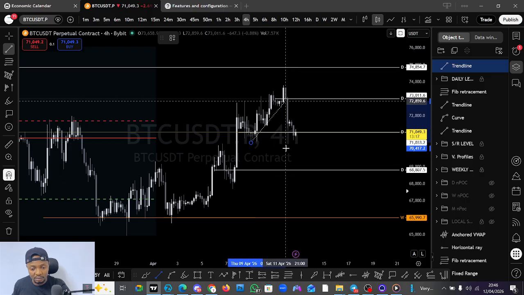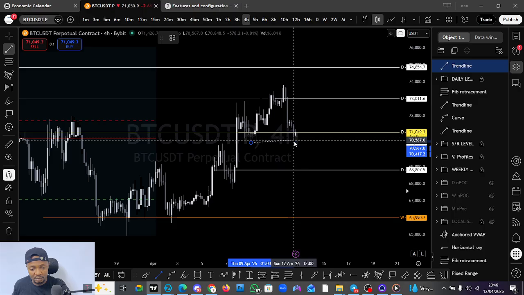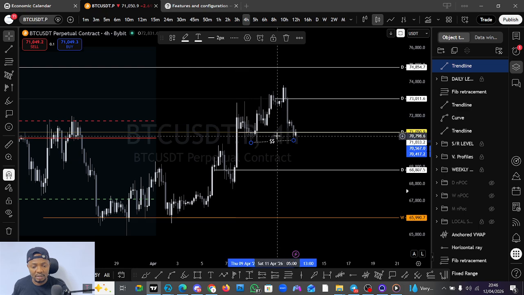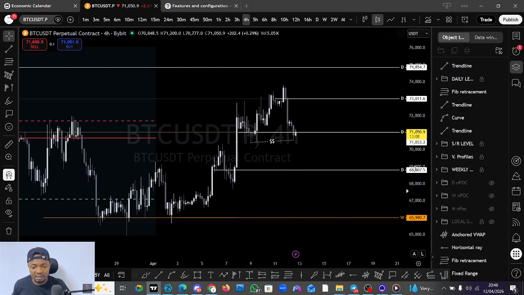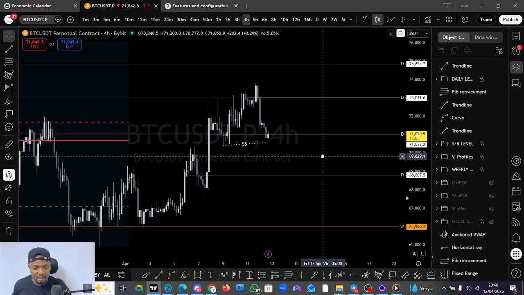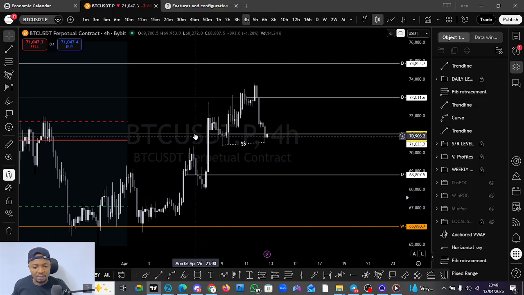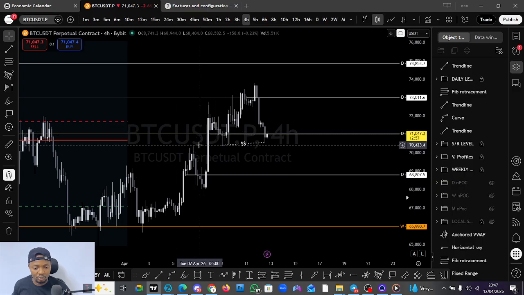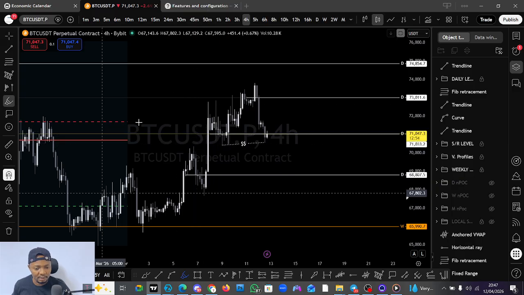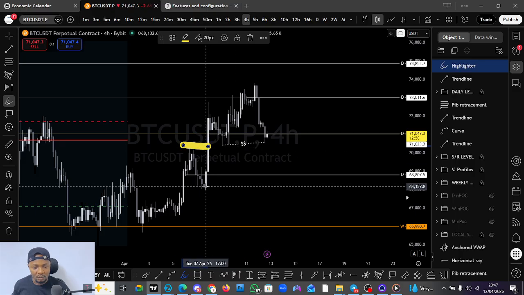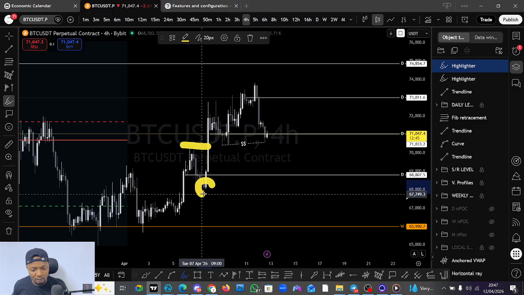You can decide to take it to this stop, then add the liquidity tag. Now this is a liquidity that was created by price, and do not forget that before the price broke structure to the upside, before breaking this structure bullishly, we can see that the price move originated from here.